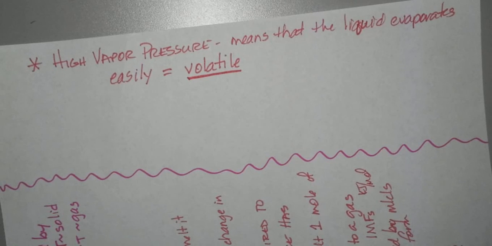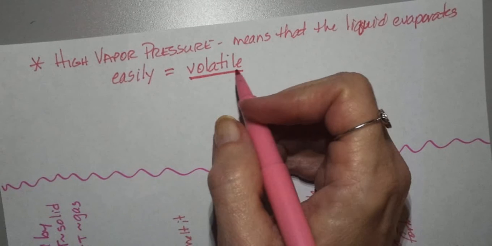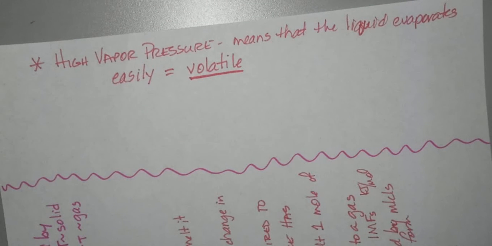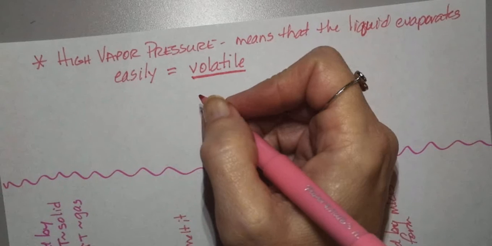If it has a high vapor pressure, it means it reaches equivalent to the atmospheric pressure really easily, and that means it has a low boiling point. So high vapor pressure means a low boiling point.